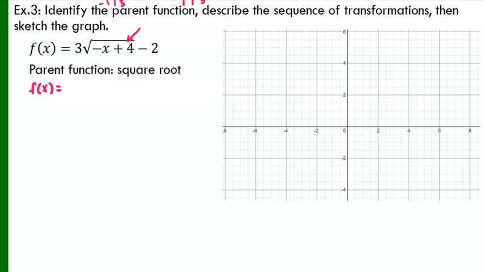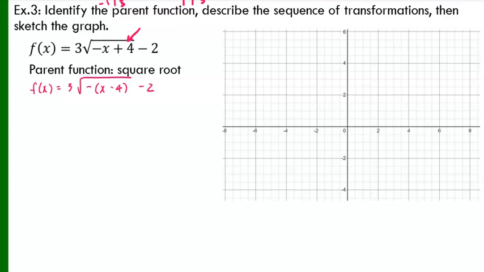Because that right movement or left movement, that horizontal translation, is going to change based on how you rewrite it. I don't like that pen, it's too thick. f of x equals 3 square root of negative x, factor out that -1, minus 4, minus 2.